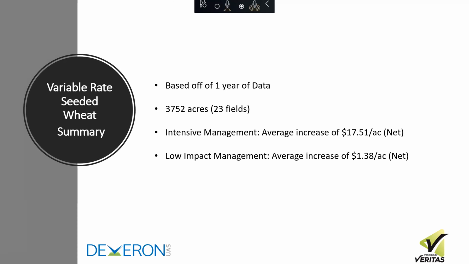You can see the high management, the intensive management, about $17.50 per acre was the net return. The low impact management, $1.38. Not really sure if I'd be getting excited about $1.38. I know margins are tight in agriculture, but that's pretty skinny. $17.50. All right, you got my attention.